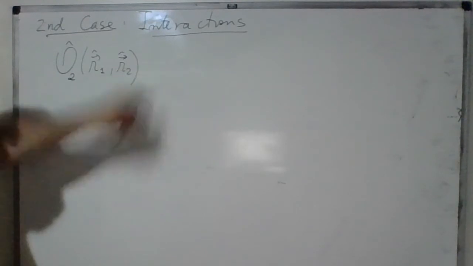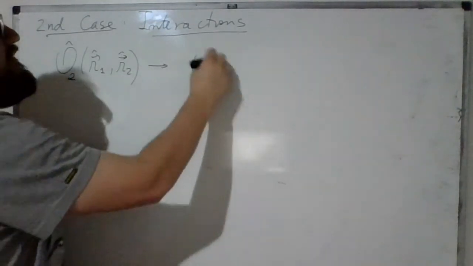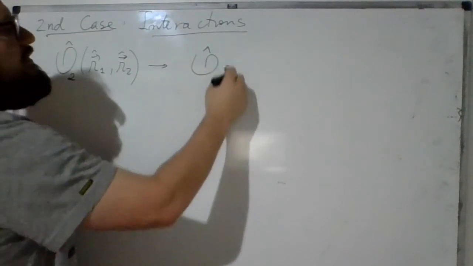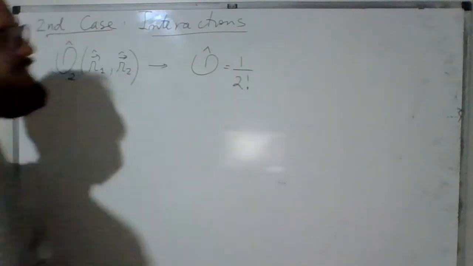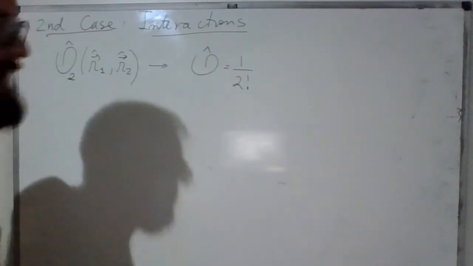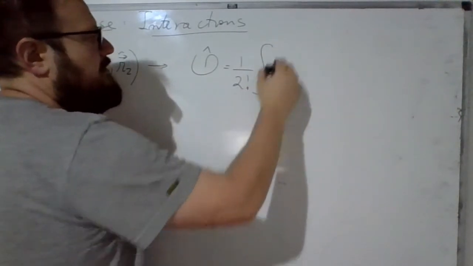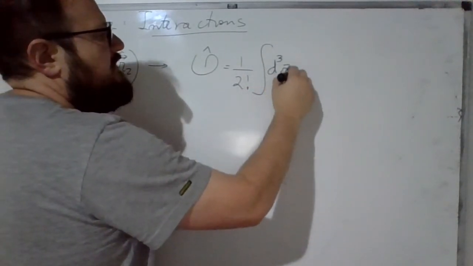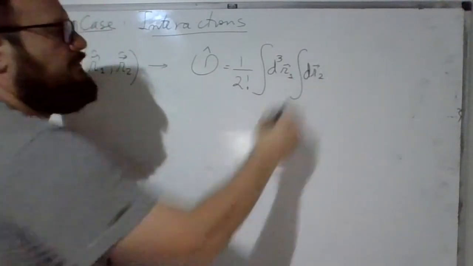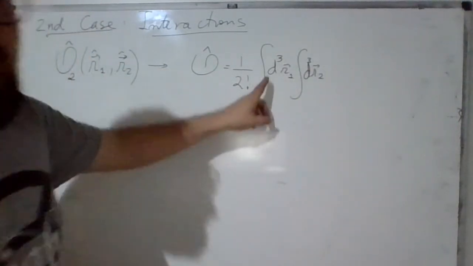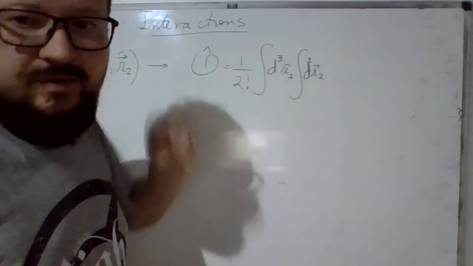What you do in the second quantized version, this operator is calculated the following way. 1 over 2 factorial, which is 1 over 2, all right? The integral becomes a double integral over R1 and R2 in the case of three-dimensional space. They are three-dimensional integrals.